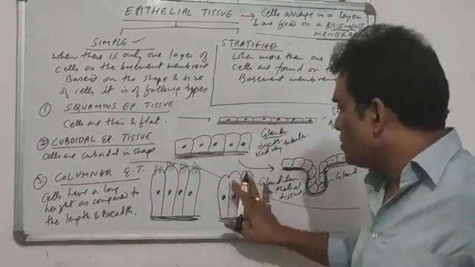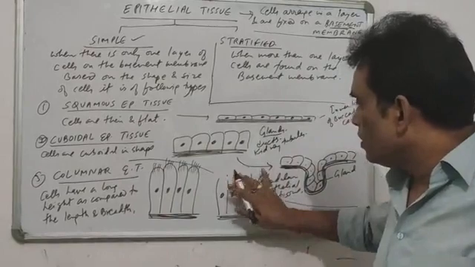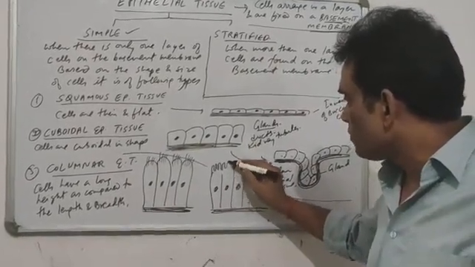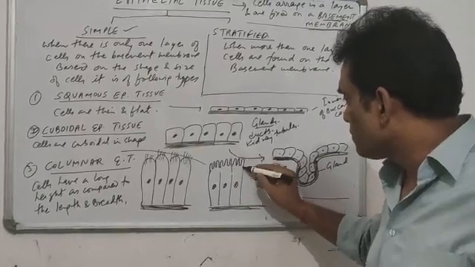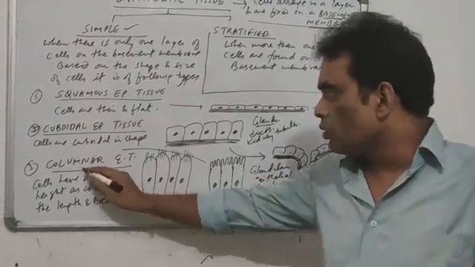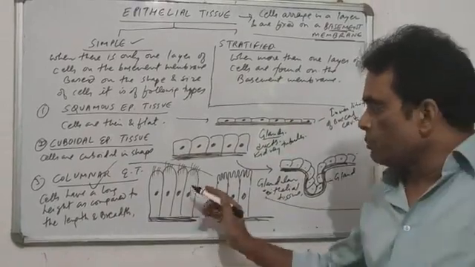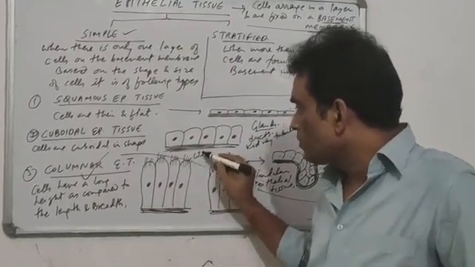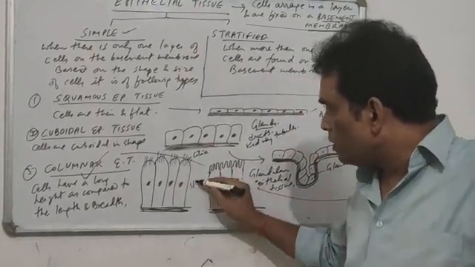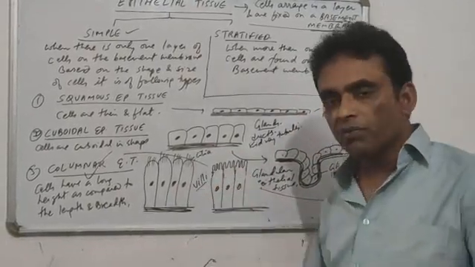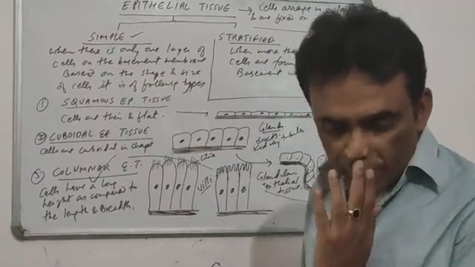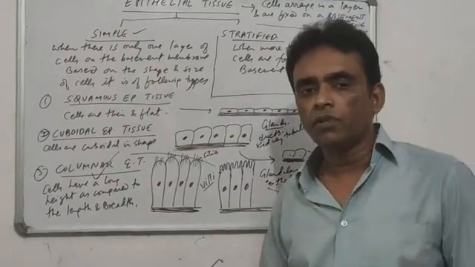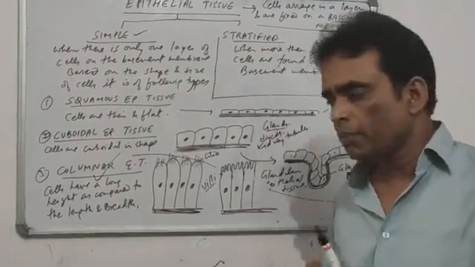Or sometimes what happens, this free end of the columnar epithelial tissue develops finger-like projections, like this. So both are columnar epithelial tissue, but some columnar epithelial tissues at the tip develop cilia, and some develop finger-like projections called villi. You have studied villi in your digestive system. You have seen the villi help in absorption of digested food and water.